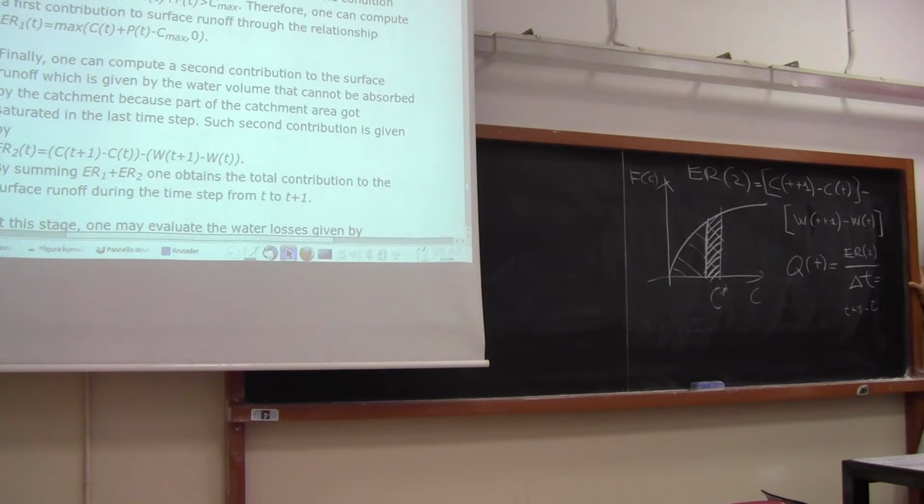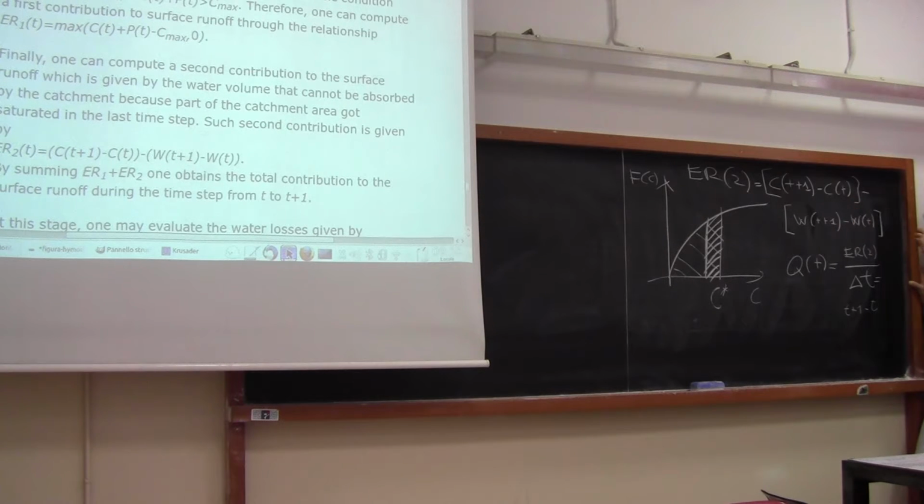This is something you always have to take care of. Like in the linear reservoir, I told you, be careful of the units. Same thing here. In general, my suggestion is when you deal with models, always be aware of the units and the physical meaning of what you are computing.